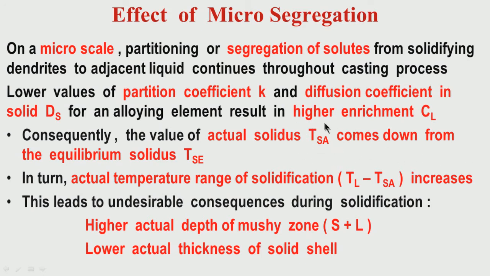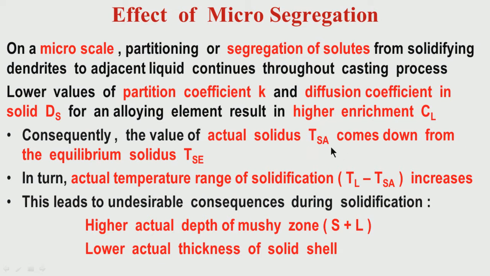So, this TSA, that means the actual solidus, comes down from the equilibrium solidus TAC. What we find through the iron carbon diagram or any phase diagram, in fact iron silicon or iron manganese, is TAC, the equilibrium solidus, but what is important is the actual solidus.